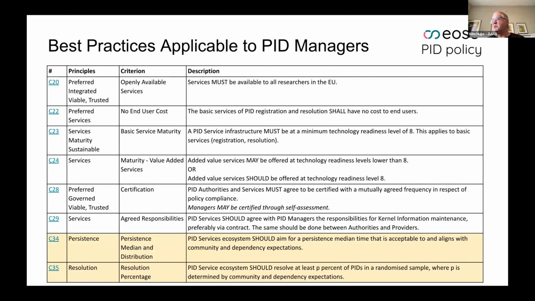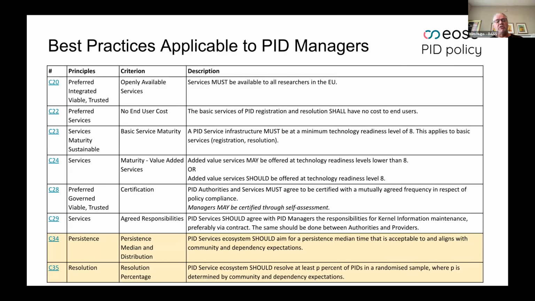And it's important to note that persistence and resolution looks different depending on what scope you measure it for. If we measure it for a manager, it will look quite different compared to measuring it across all the different managers that are served by a specific multi-provider authority, or by a certain authority.